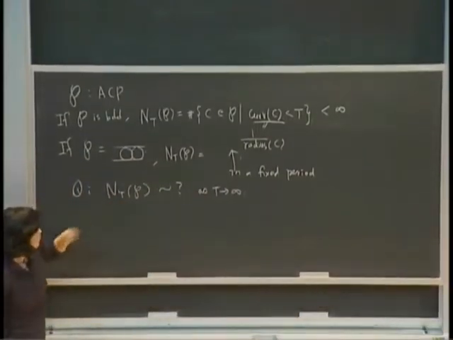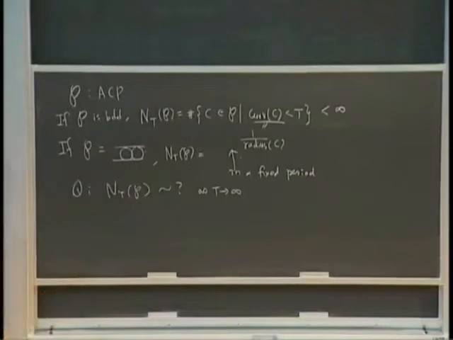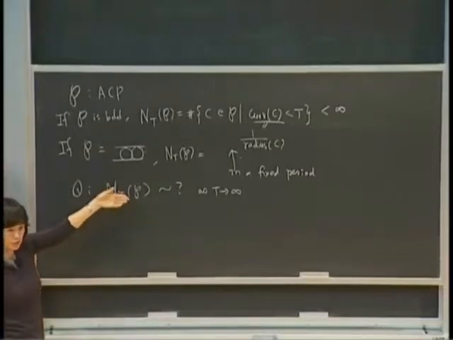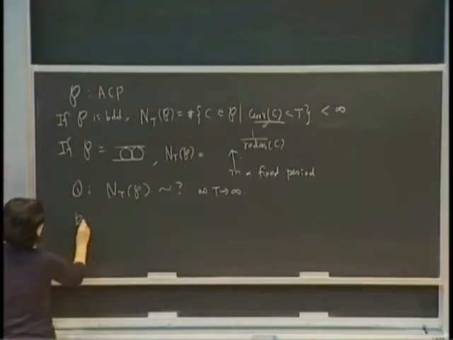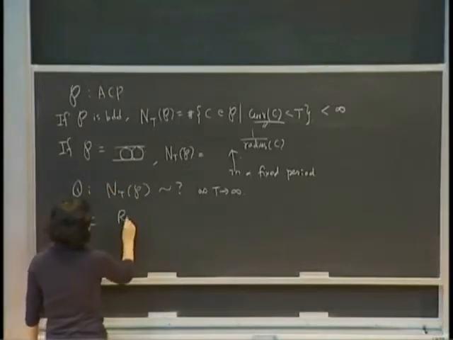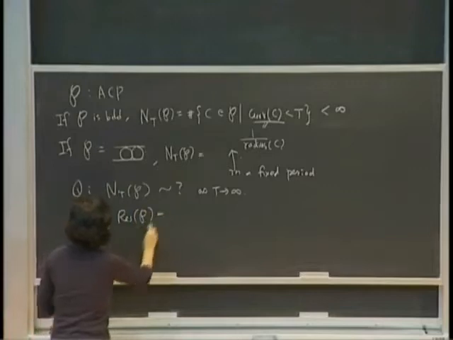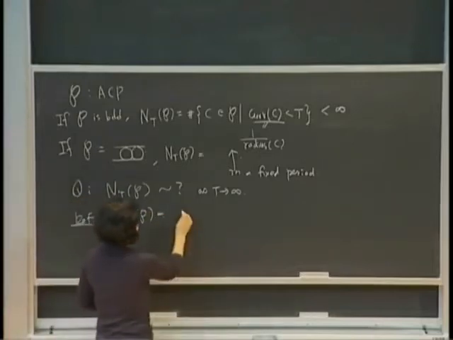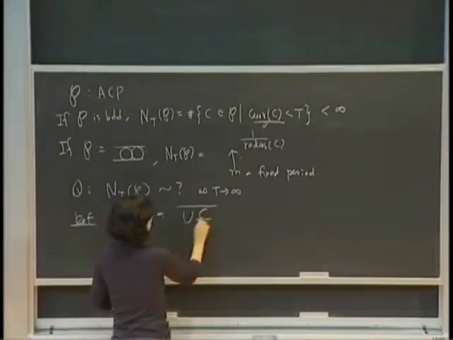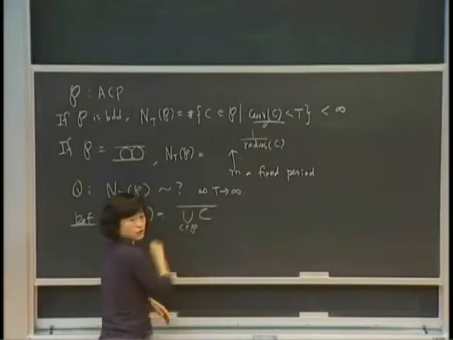And this counting function turns out to be related to the metric structure of the underlying fractal set coming from P, and that is called the residual set. So let me define the residual set of P. The residual set of P is simply, we look at all the circles contained in P, and then take the closure in the plane.